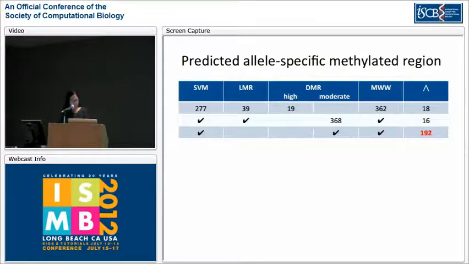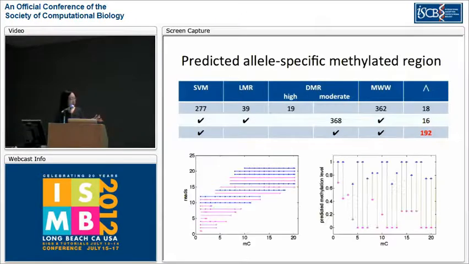Again, I should mention all these are predictions. And if we remove the most stringent filter, we'll end up with a lot more predictions, 170 some. And this is one of such regions. Again, this is basically just a scale issue. The methylated allele has a much lower overall methylation level, not nearly 100%, while the non-methylated allele is not zero methylation.